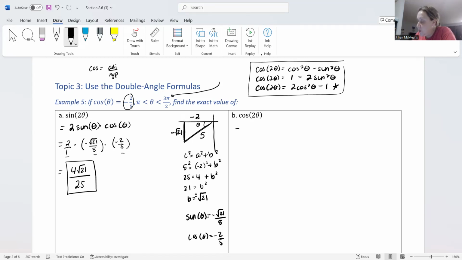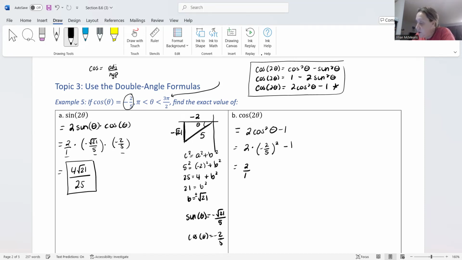So let's say for this one, we're going to use 2 times cosine squared theta minus 1. Well, 2 is just 2. And then cosine squared theta, well, I know what cosine of theta is. That's negative 2/5. And then we just have to square that and then subtract 1. And that's going to give us our value for cosine of 2 theta. Okay? So let's see what we get here.